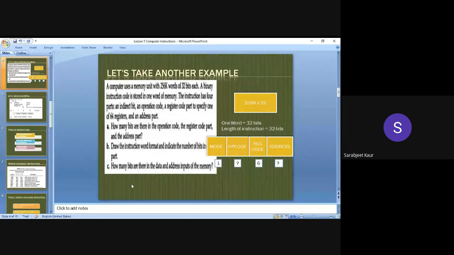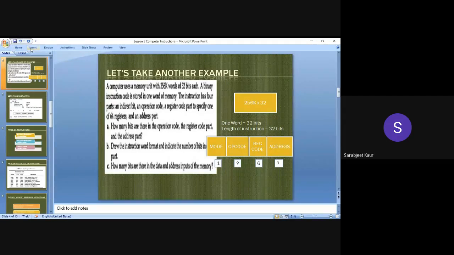So 1 kg is equal to 1000 grams, right? So it is generally used for kilo, 1000. Although in computer science, 1K is equal to 1 kilobyte.